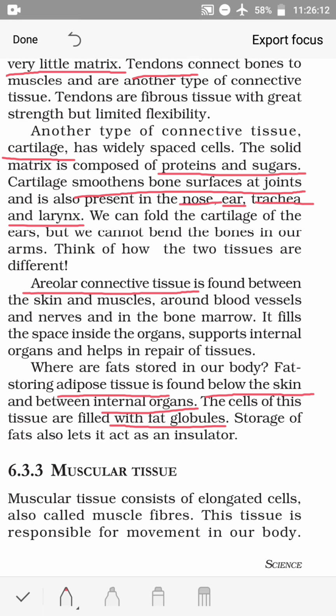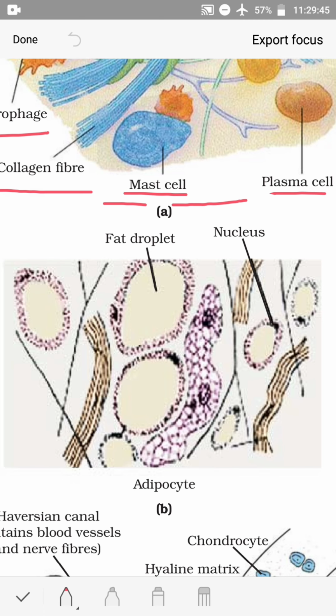So they store fat, and this fat provides energy while we are starving, and also acts as an insulator. These are adipocytes, the cells of adipose tissue.